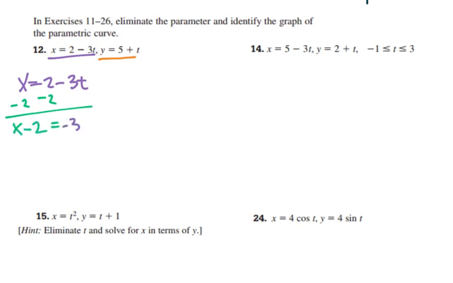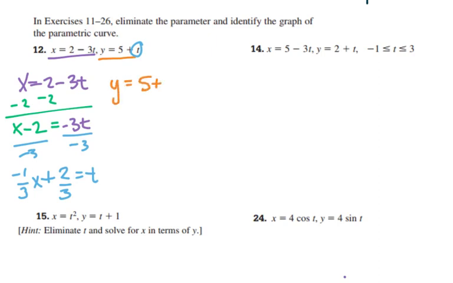And then we have negative 3t. So we're going to have negative a third x plus 2/3. And so that equation is t, and it's going to go into this equation. So we're going to take y equals 5 plus negative 1/3 x plus 2/3, which used to be t.